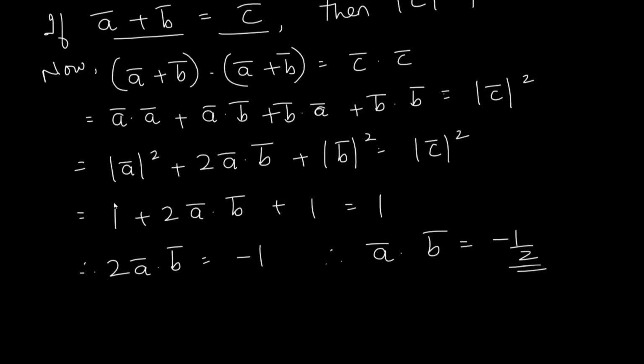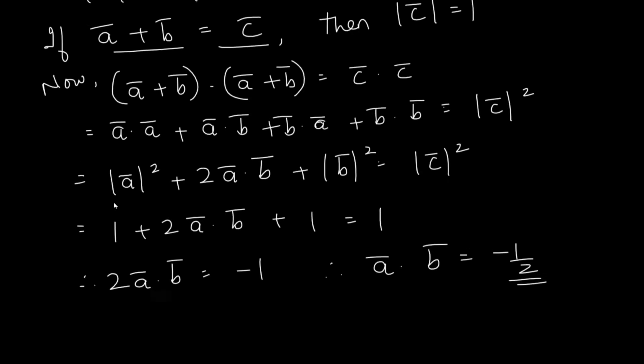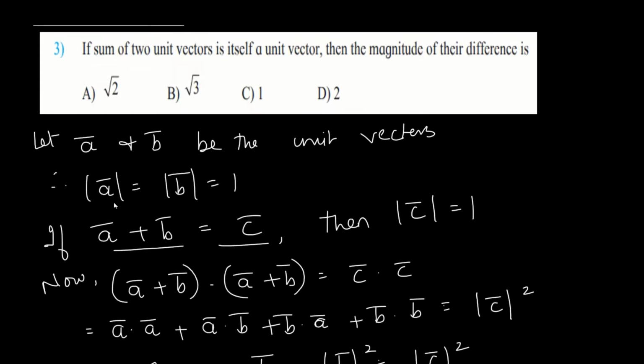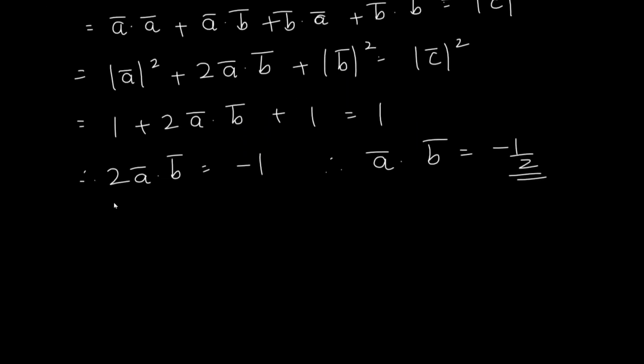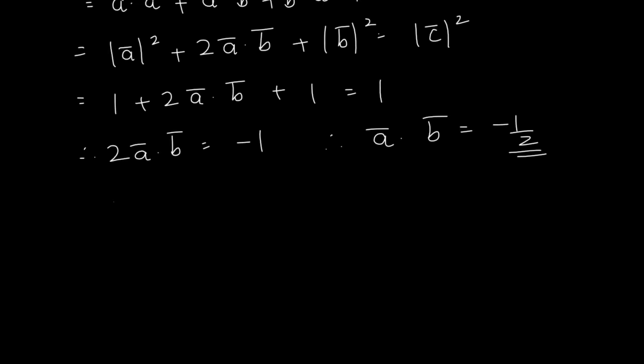Now they want us to find the magnitude of the difference between the vectors. So the magnitude of the difference between A and B is what we have to find out. So A bar minus B bar, we take the dot product, that is A bar minus B bar dot A bar minus B bar.